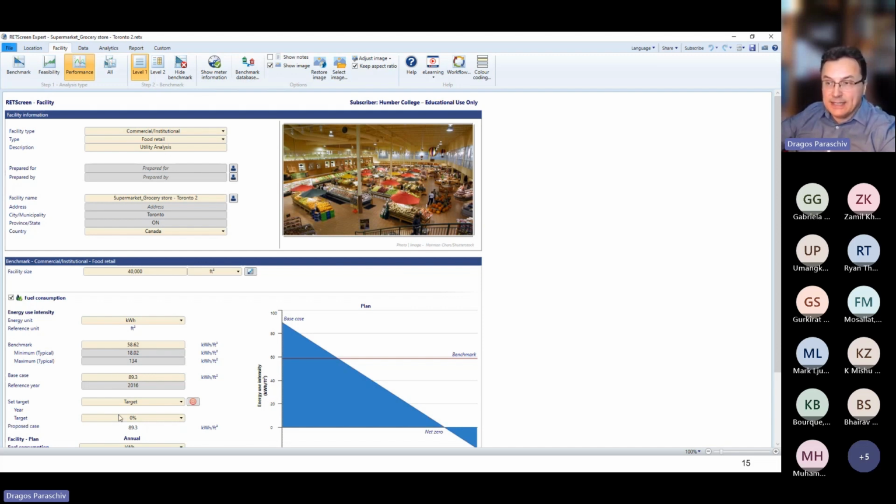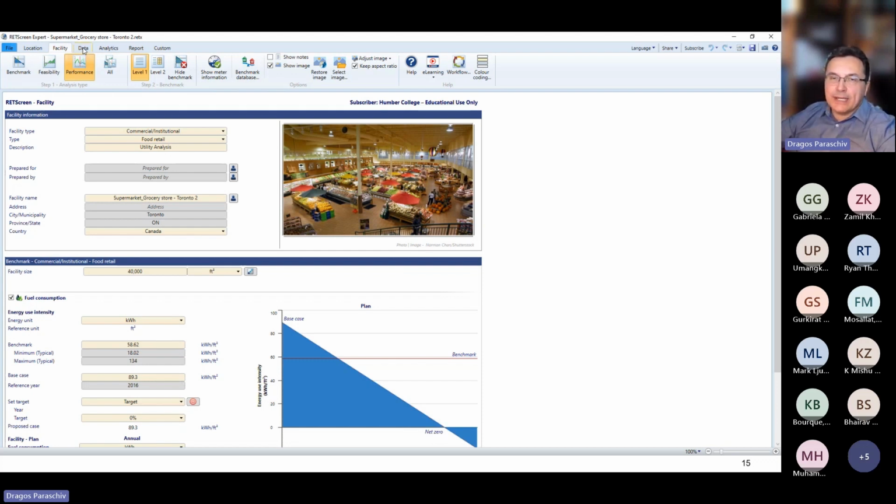We can actually set, for a quick analysis, the target that we want to achieve. Let's be aggressive here. So let's say we want a net zero energy use target. And that means that we basically have to find ways to reduce the consumption that will take this 89.3 kilowatt hour per square foot to zero. So that's what we set up in this project.